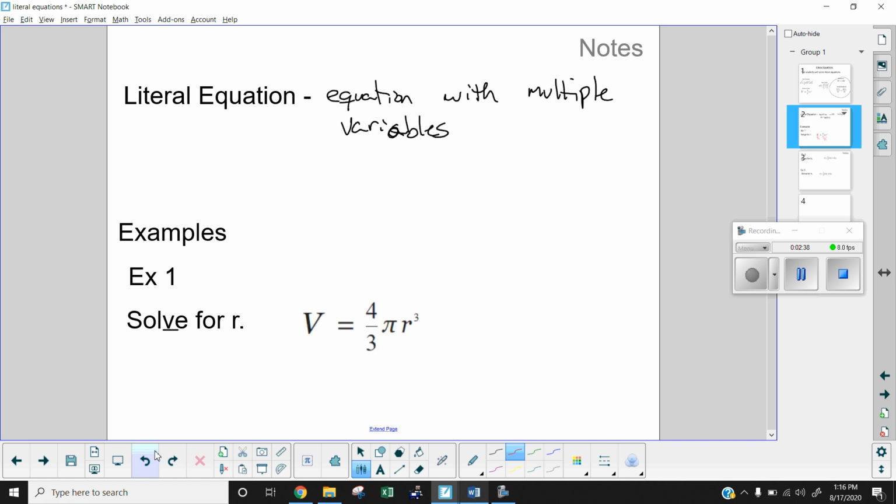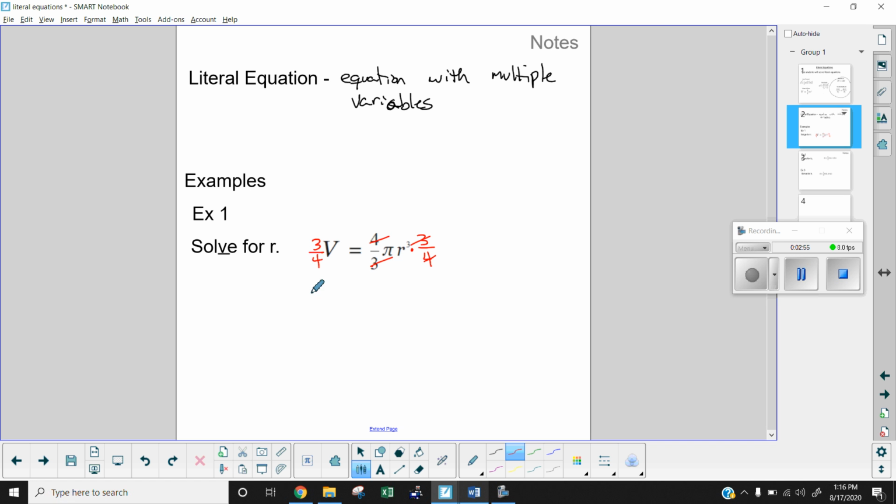A better strategy, to adopt in many of the equations you're going to solve, is to multiply by the reciprocal. So I'll multiply both sides by 3/4. The 3's cancel and the 4's cancel by way of greatest common factor rules. That gives me on my first line 3/4 v is equal to pi r cubed.